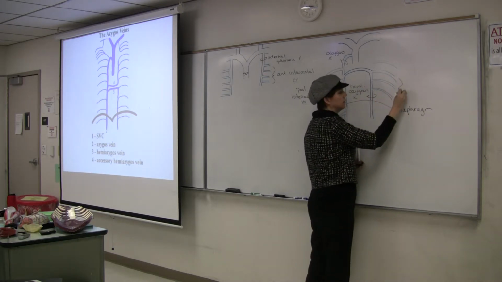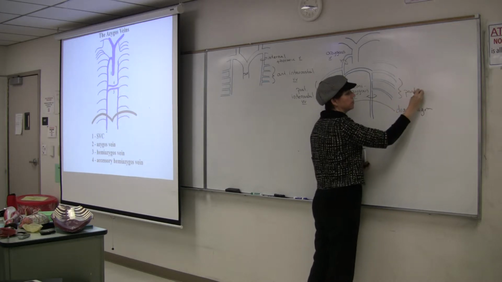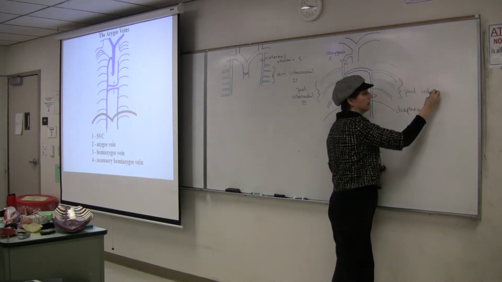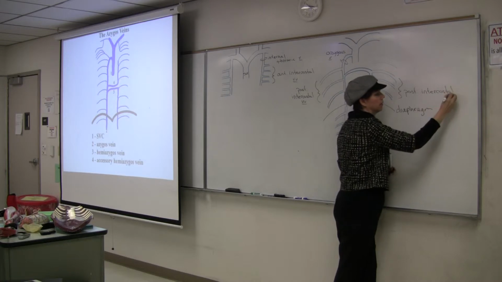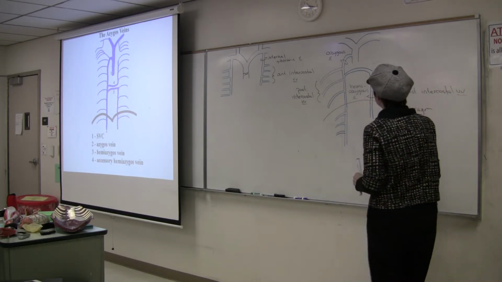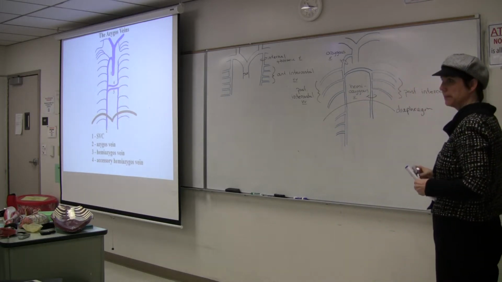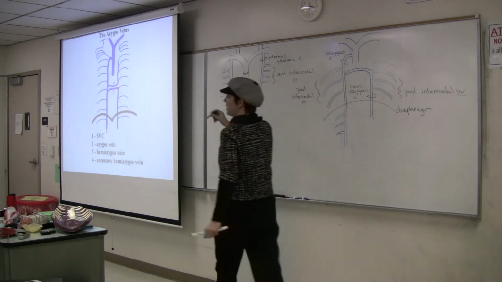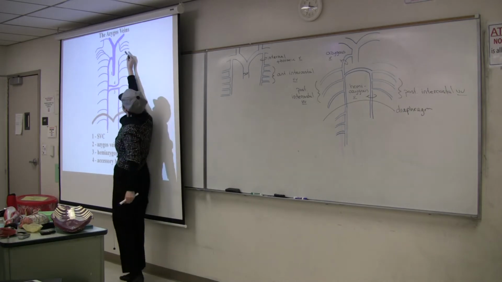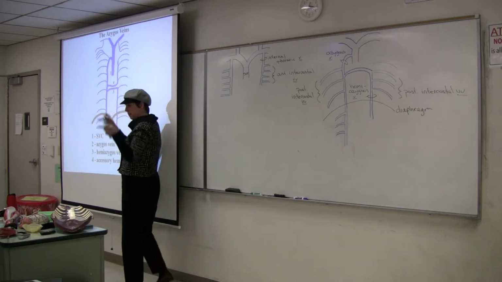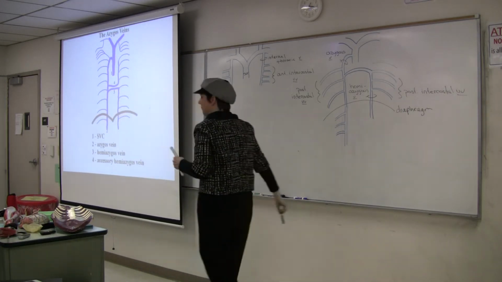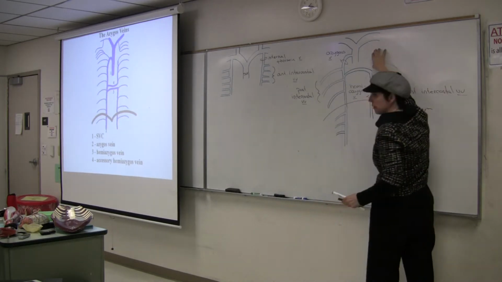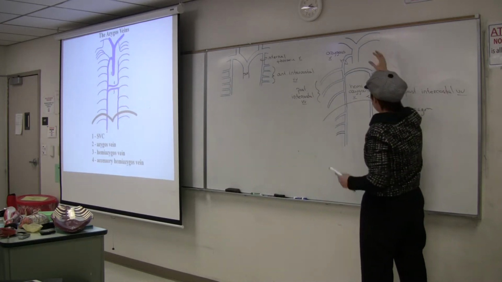These are still posterior intercostal veins. Okay. Now I'll complete this picture with this vessel up here on your sheet, but you don't have to know it, so I'm going to put it in parentheses. Okay? Because we still have intercostal veins up higher above the hemiazygous.